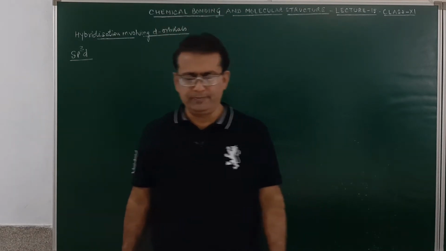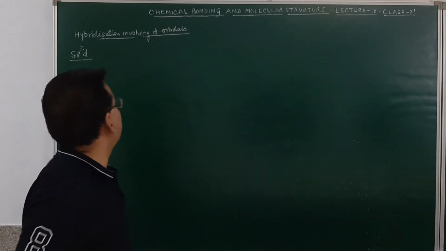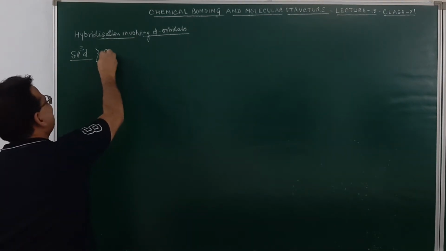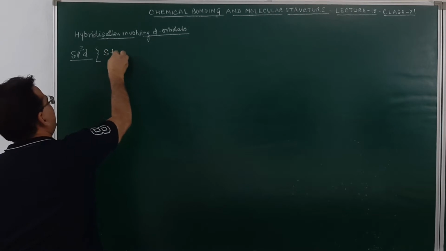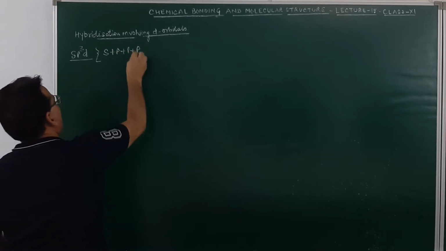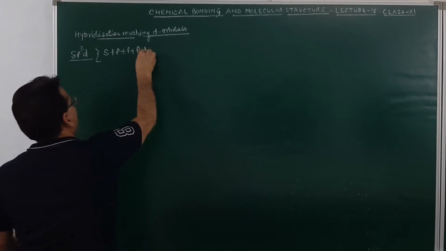Am I getting clear? So in sp3d type of hybridization, there will be mixing of s, 3p atomic orbitals, that is p, p, p orbital, and d orbital.